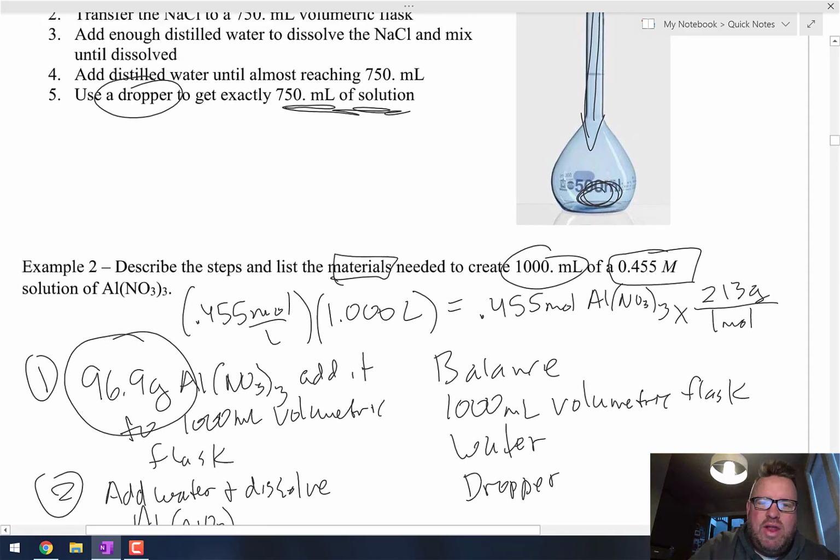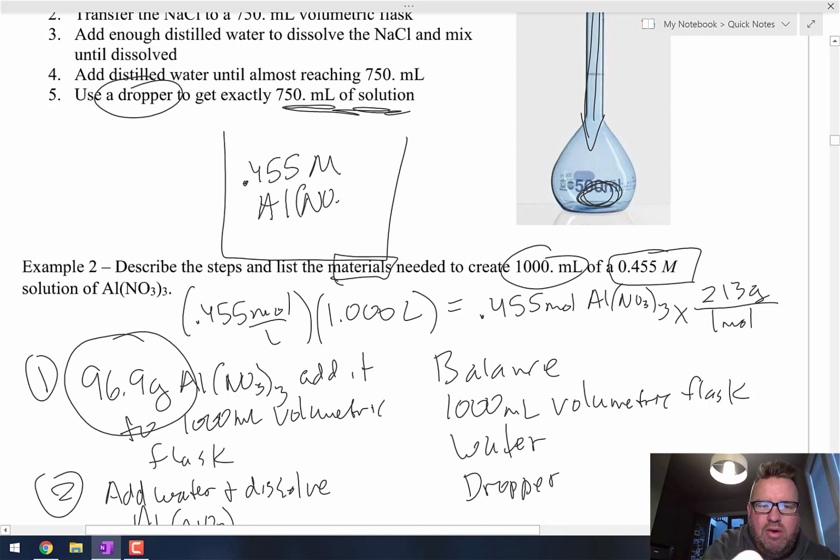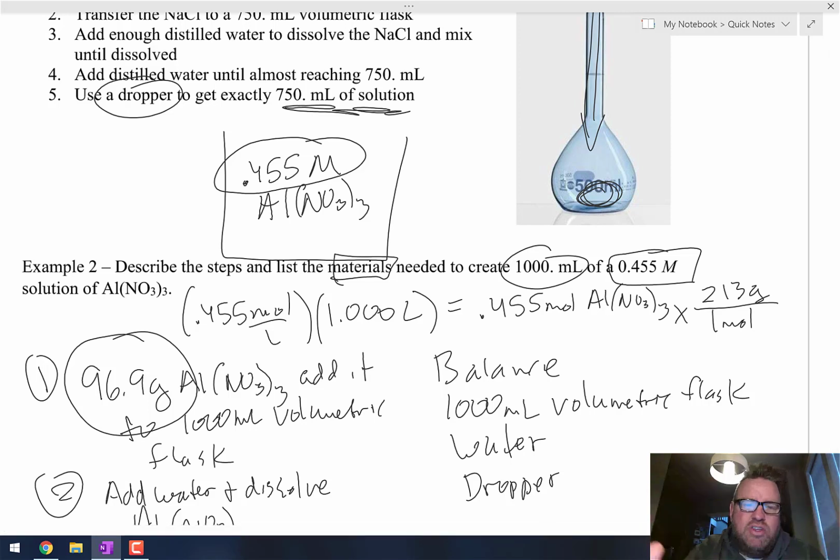Okay, and then again we're going to put this into a bottle, and on the outside of that bottle I'm going to write 0.455 molar AlNO33. So me or any other teacher who comes to use that aluminum nitrate knows what concentration of it is, so that it's not too concentrated, or if they need a certain concentration, they know what concentration of that aluminum nitrate is.